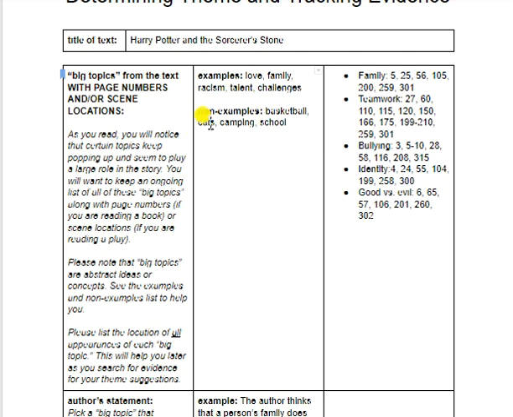So you'll want to identify these fairly early on, okay? So within the first couple chapters, first 10 pages, 20 pages, what are some big ideas that emerge right away? And you don't have to list as many as I did here, okay? I did a lot because, first of all, I was at an advantage. I'd already read Harry Potter and the Sorcerer's Stone before and seen the movie more than once.